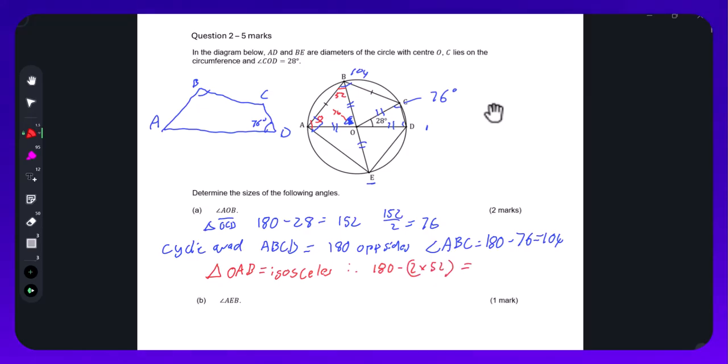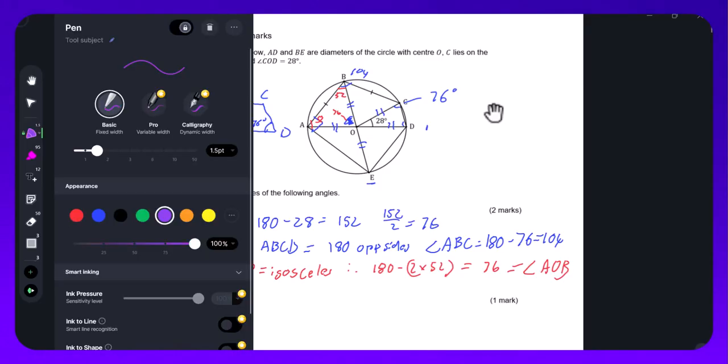That's going to be 76 left over, and that's going to be angle AOB. Okay, that one's done. Now I need to try to solve for AEB.